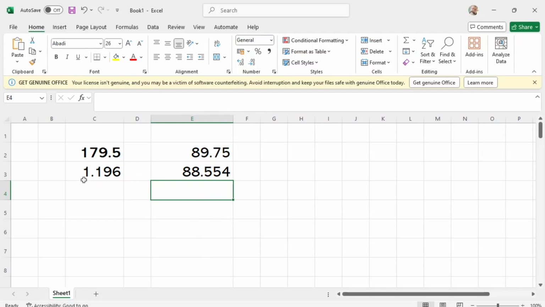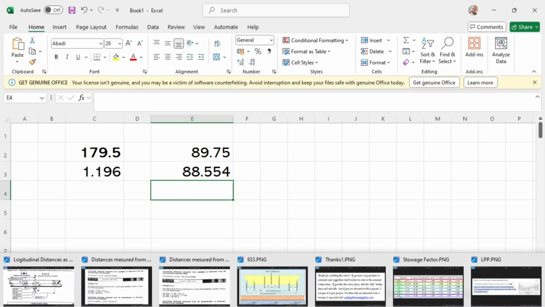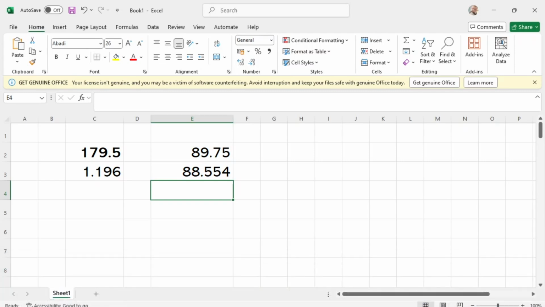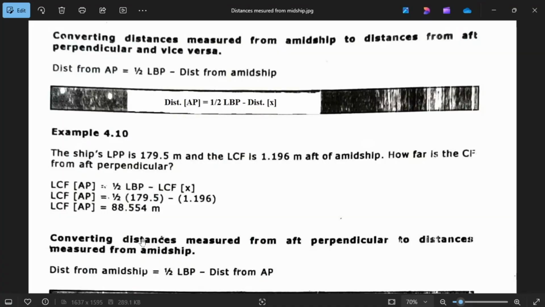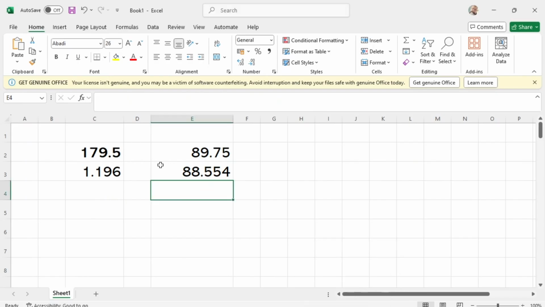So, again, 179.5. You take 1/2 of 179.5, that will be 89.75. Okay? And deduct this figure by 1.196, which is here.